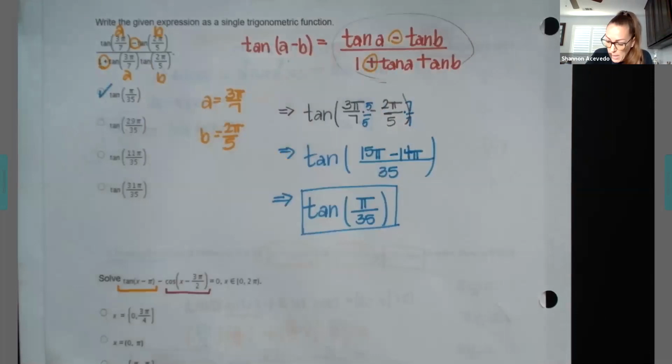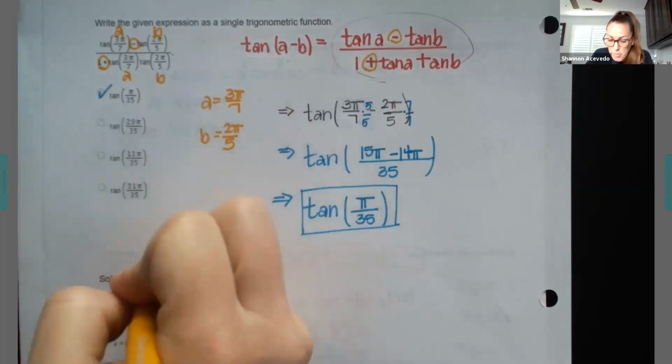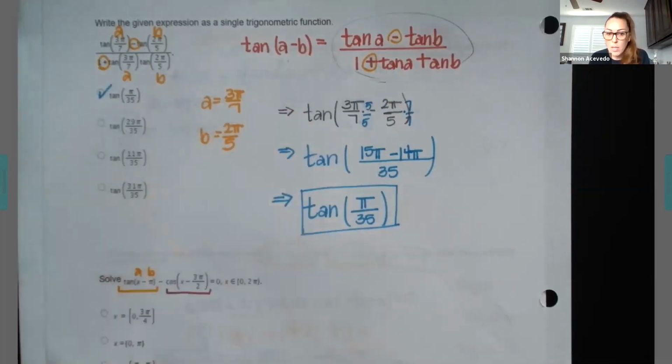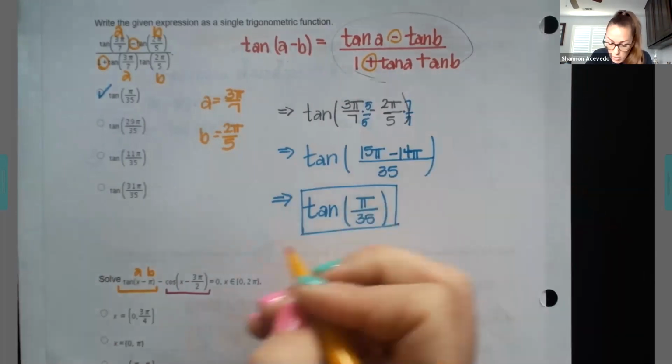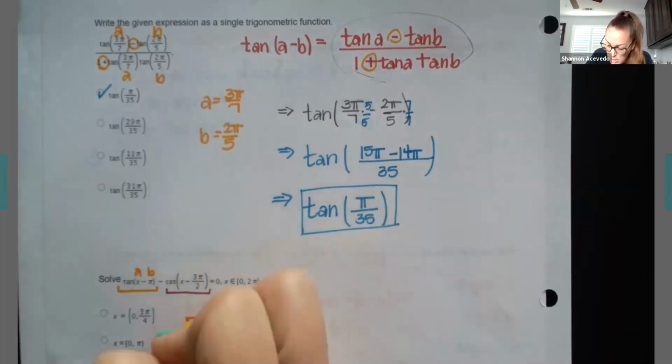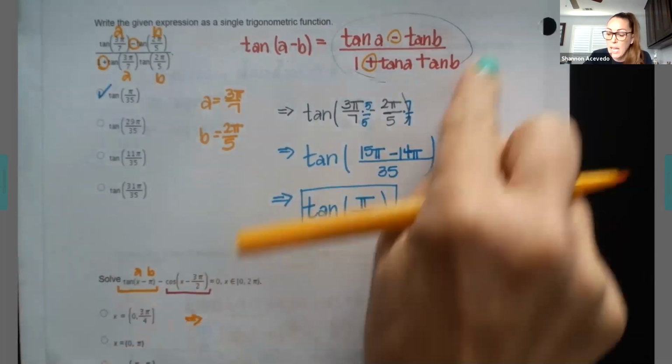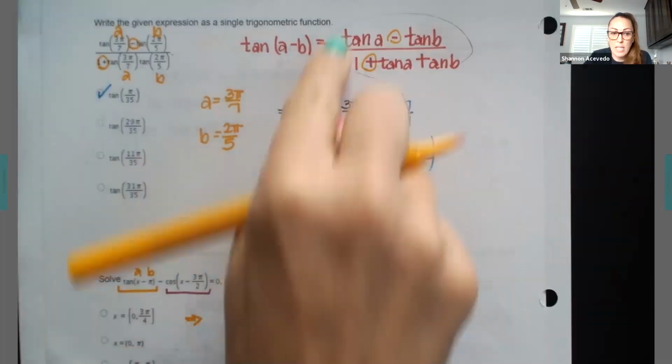So this would be my A value. This would be my B value. So my tangent I already have right here, and I'm going to plug it in as is. So here's what it's going to look like. I'm going to take that tangent and rewrite it using the difference identity.